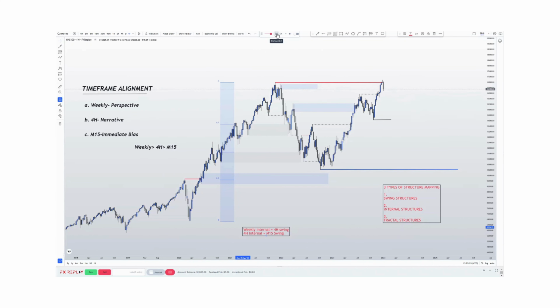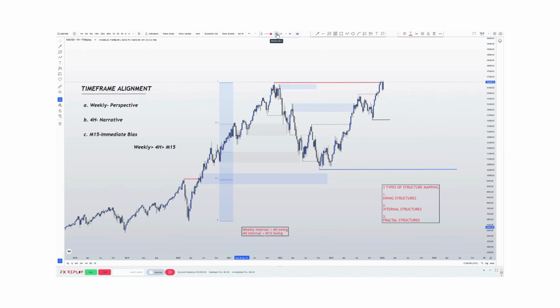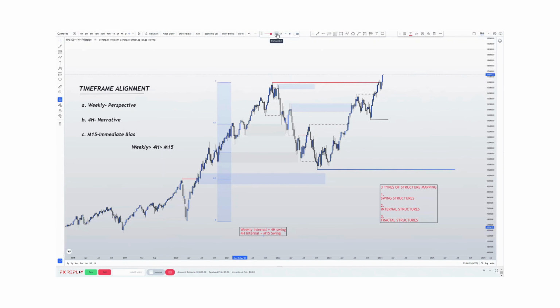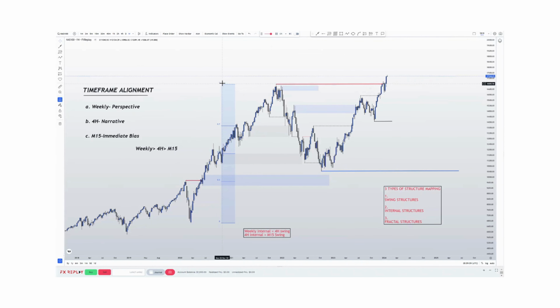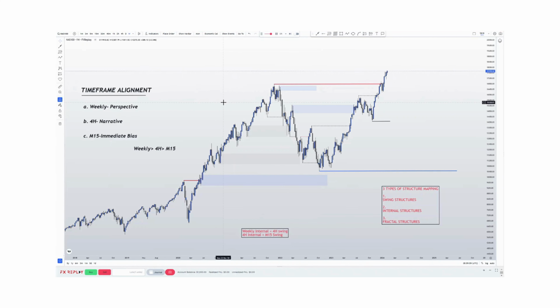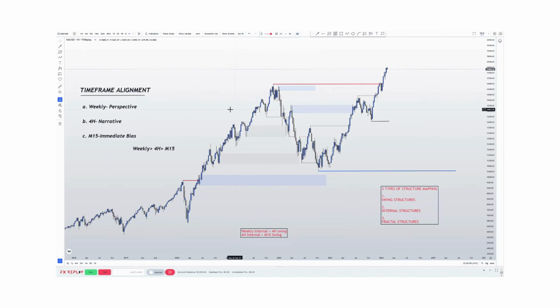So you can go practice, do repetitions, understand how the time frames align, how the time frames are fractal. Whatever happens on the higher time frames must first happen on the lower time frames, and with practice it sticks.